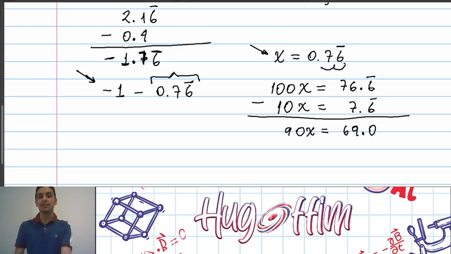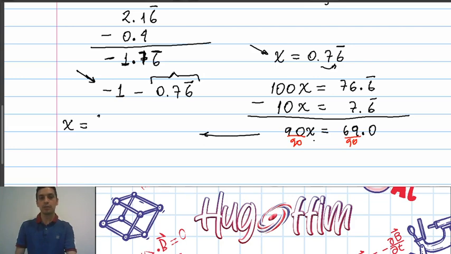If you subtract, you're going to have 6 periodic minus 6 periodic, 0. 76 minus 7 is 69, so I got 69 equals 90x. So obviously x is going to be 69/90.